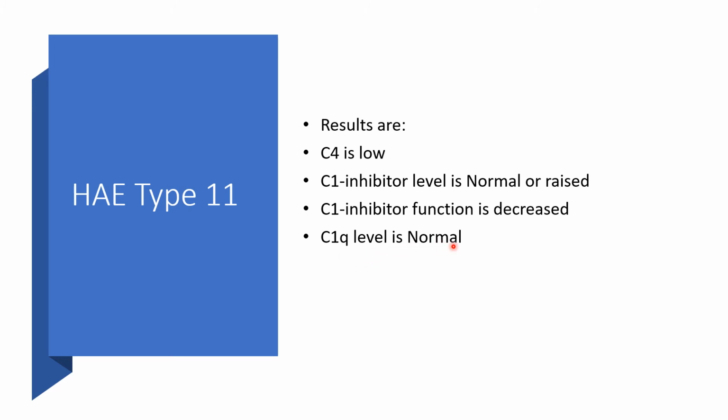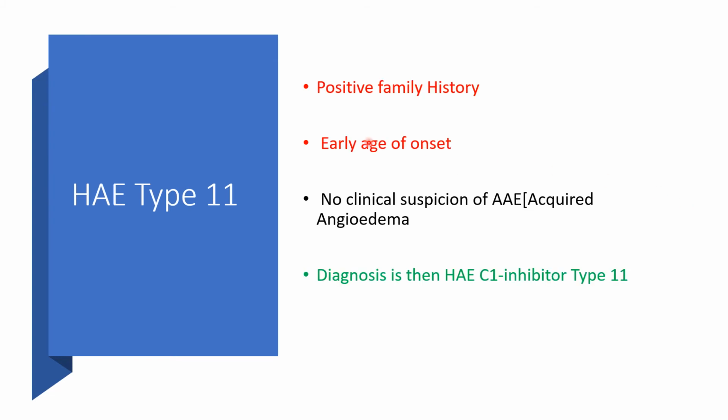C1q level will be normal. As a matter of fact, C1q level will be normal in all hereditary angioedema, but it will be low in acquired angioedema. In type 2, there will be positive family history and it will present early in life like type 1, but there will be no clinical suspicion of acquired angioedema.